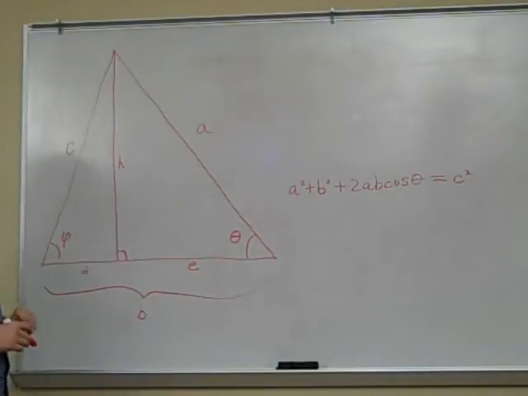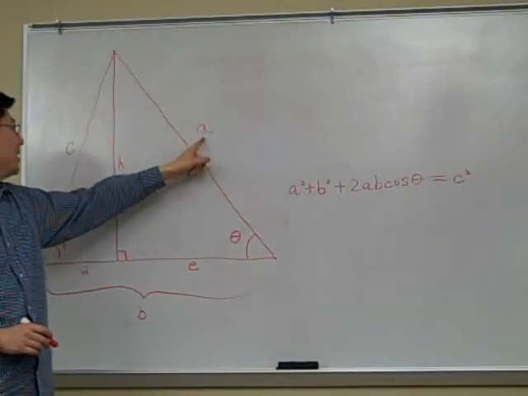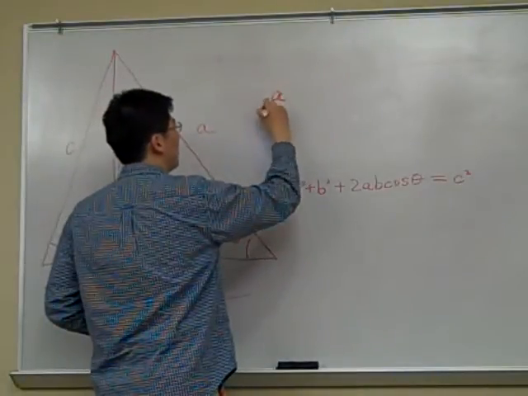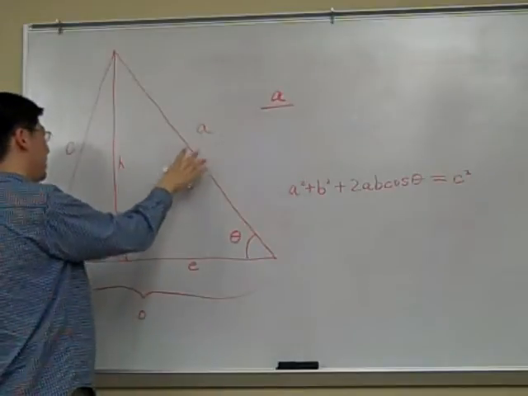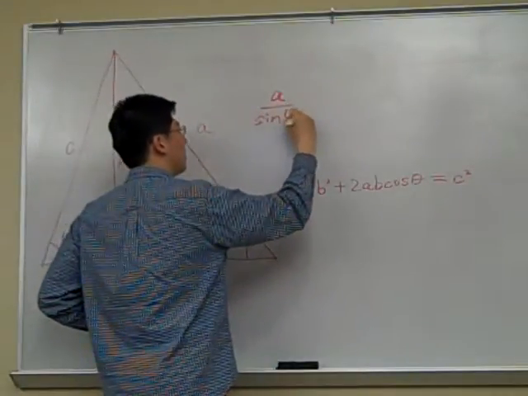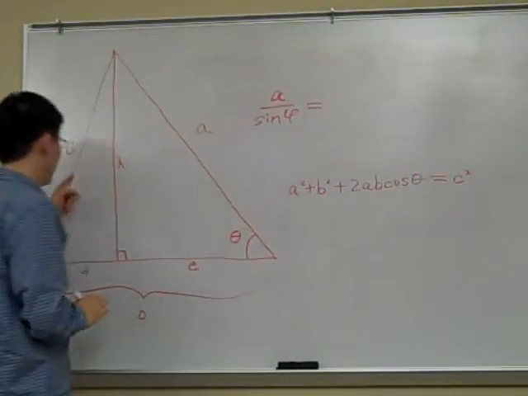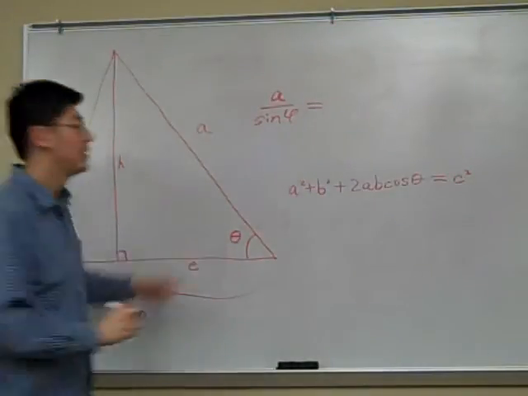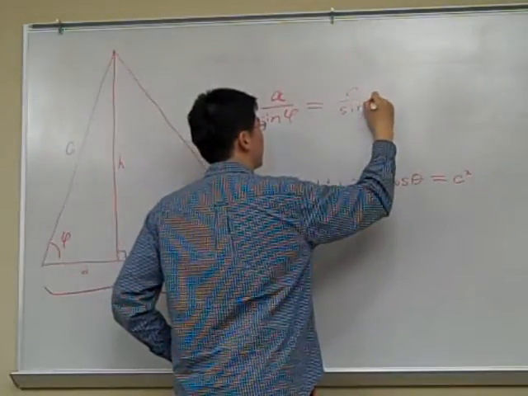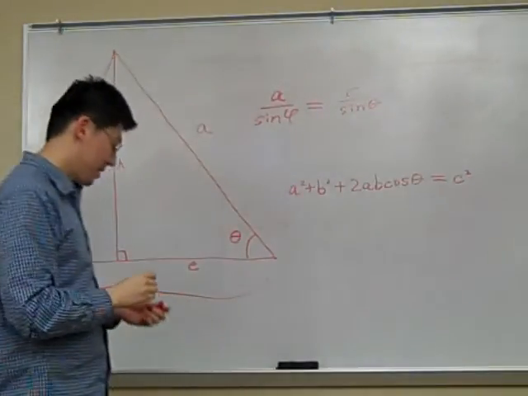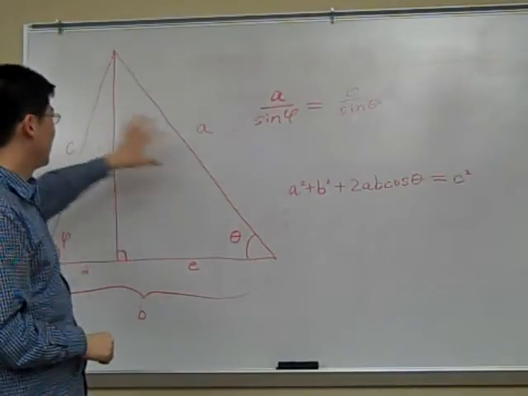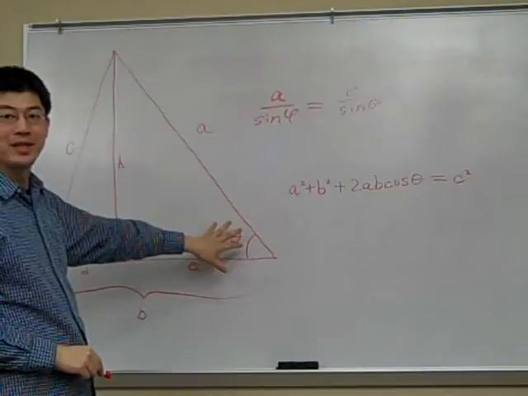If you recall, the law of sines says that a divided by the sine of phi, so the ratio of one side to its opposite angle, is going to be equal to the ratio of this opposite side to its opposite angle. And so that means that we can solve for phi in terms of a, c, and theta, which we know.